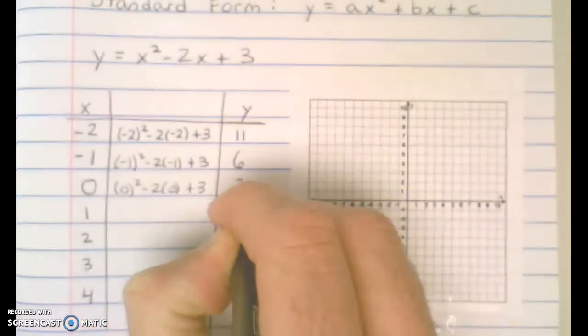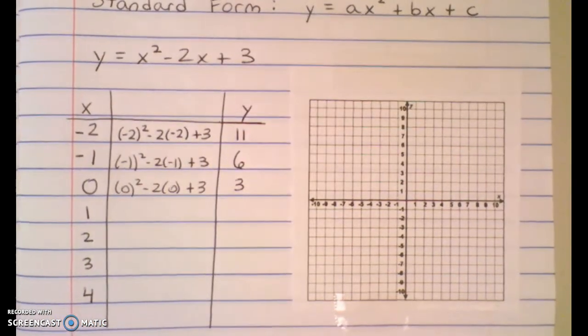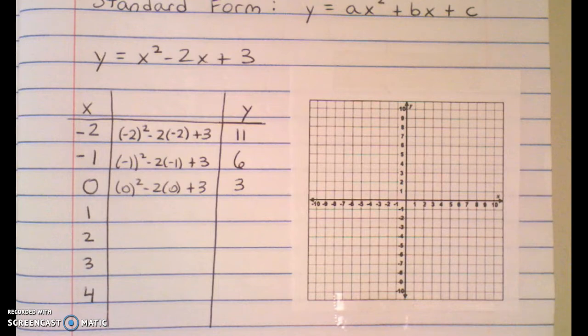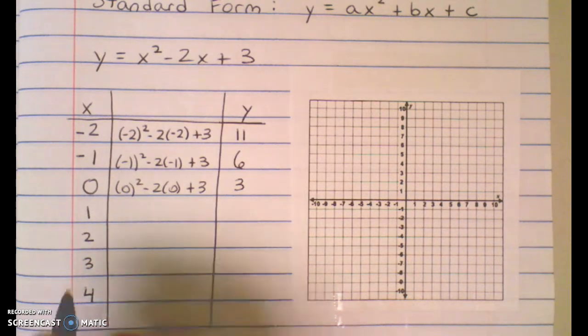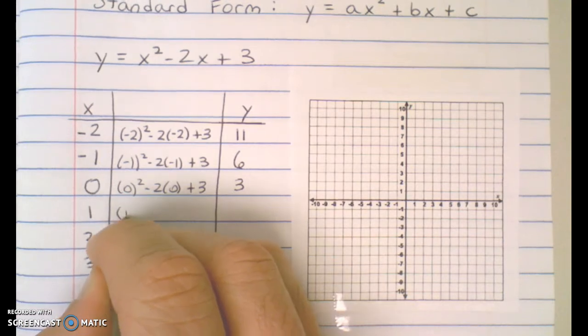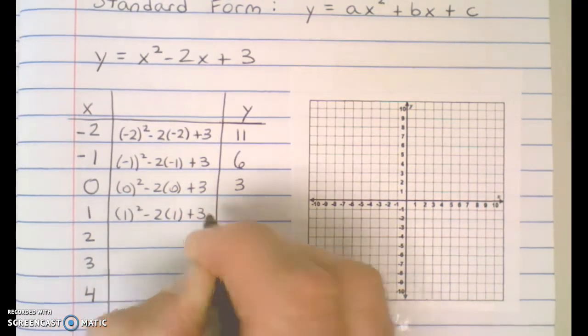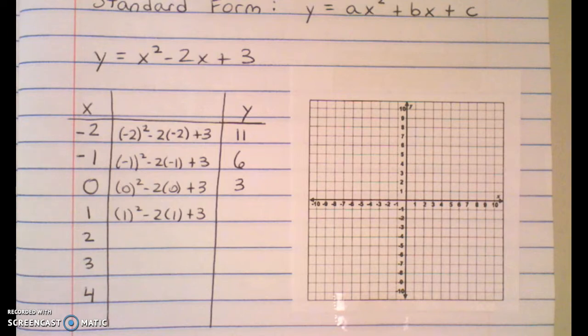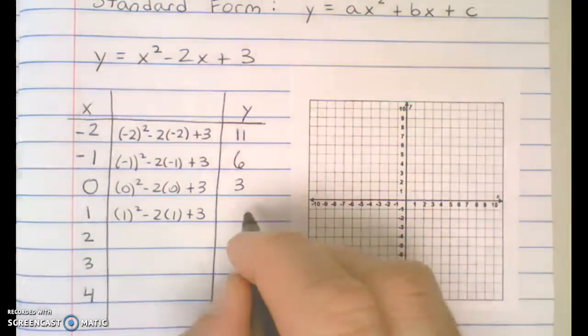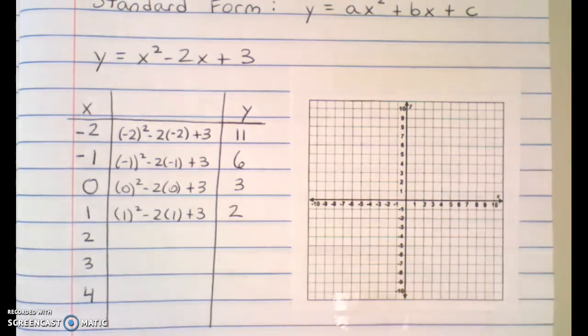That's going to give me 3. Same thing with 1, and my output's going to be 2.